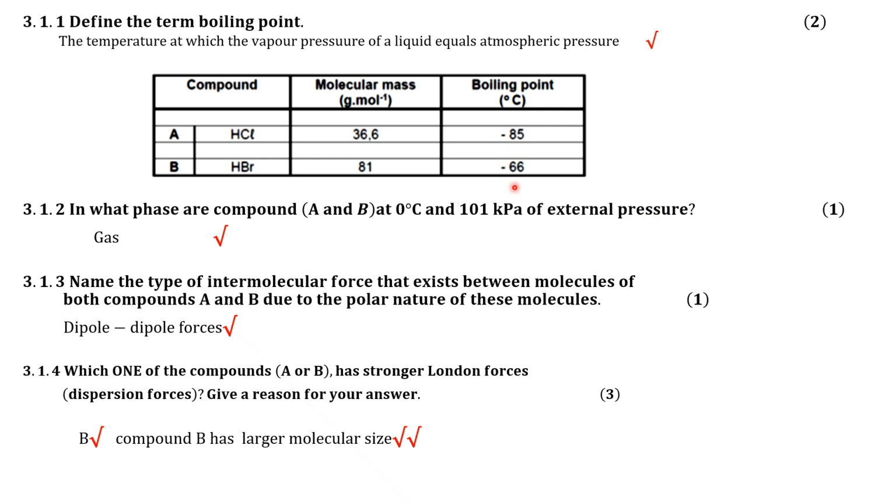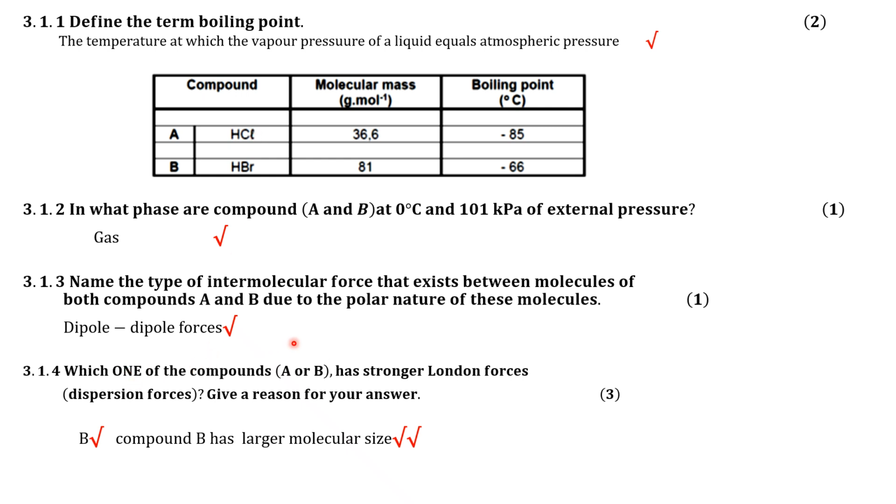So there they both boil before 0 degrees, so they are both in gas phase, right? Name the type of intermolecular forces that exist between the molecules of compounds A and B. Due to the polar nature of these molecules, they are both dipole-dipole. Meaning a positive and negative side combined with a slightly positive and negative side when they're sharing electrons.